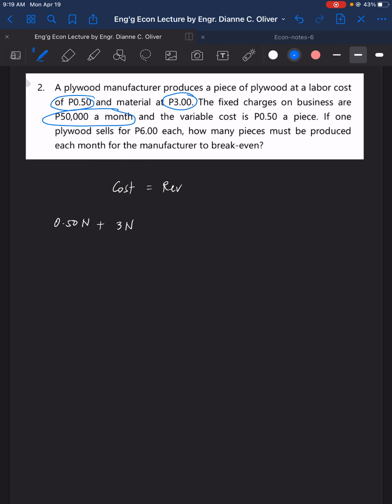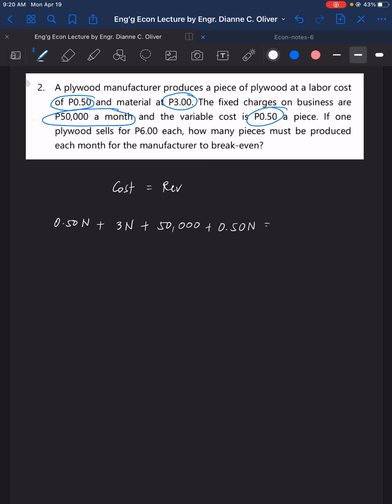So it's still consistent because the N here is per month. So we have here plus 50,000 per month. There's still a variable cost of 0.50 per piece. So another 0.50N. So no more cost.